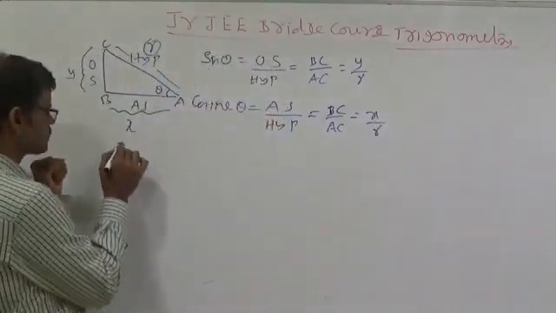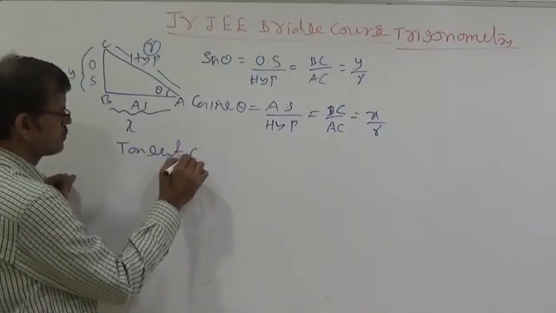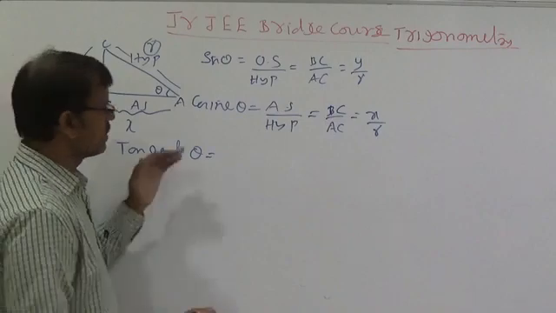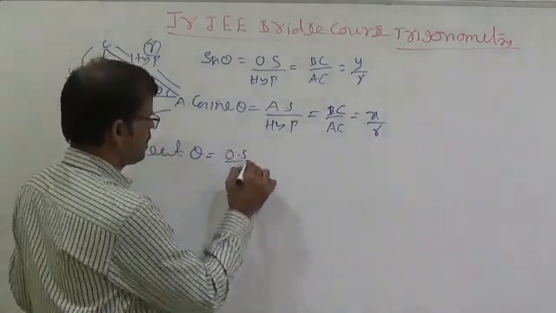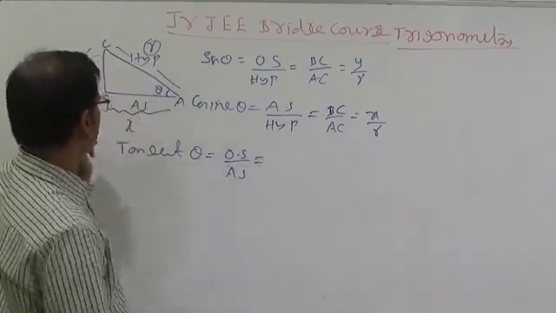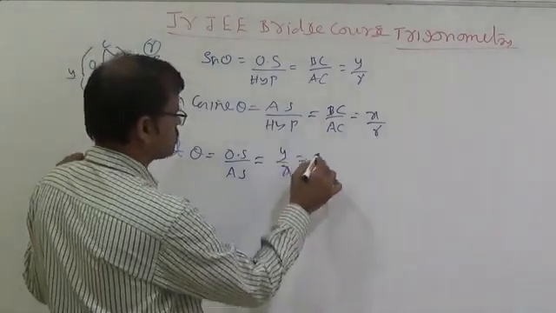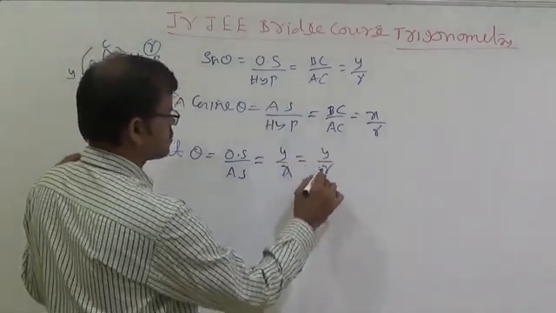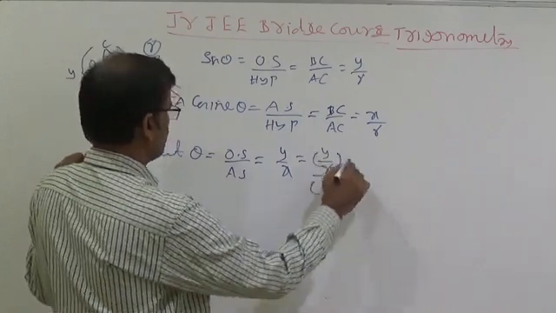Now, tangent theta, that is tan theta. Tan theta notation is opposite side by adjacent side. The opposite side here is y by x. Students, you can understand this as y by r divided by x by r.